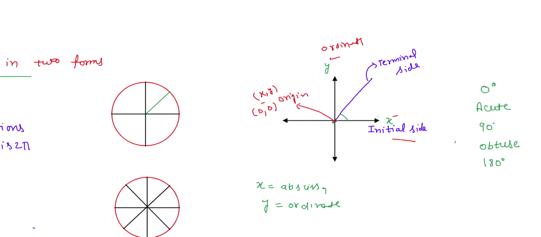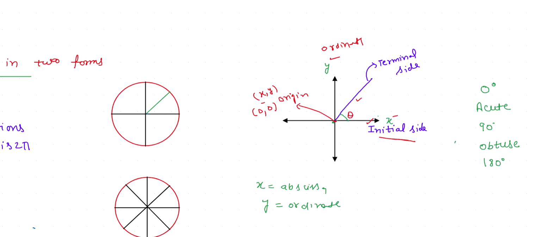The angle theta is here. Basically, angles are formed by an initial side and a terminal side. An angle is said to be in standard position when its vertex is located at the origin and the ray goes along the positive x-axis. So that's why we call it the initial side.